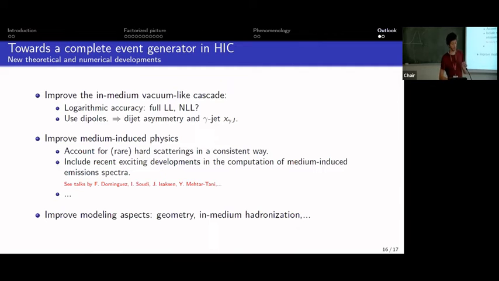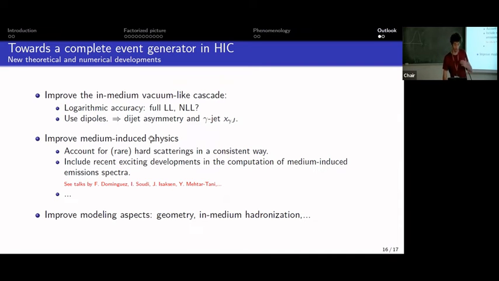But, working with dipoles, in our framework right now we cannot describe the dijet asymmetry or the gamma-jet xγj fraction, for instance, because we miss initial state radiation, and this has effects. Even in pp, we wouldn't be able to describe these observables. Also, we are missing the geometry, which is an important aspect of the dijet asymmetry.